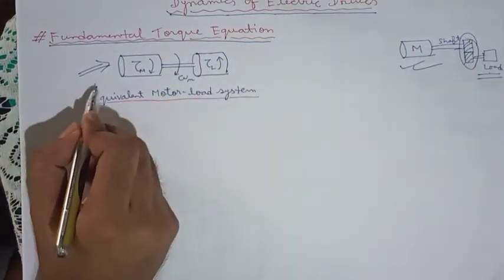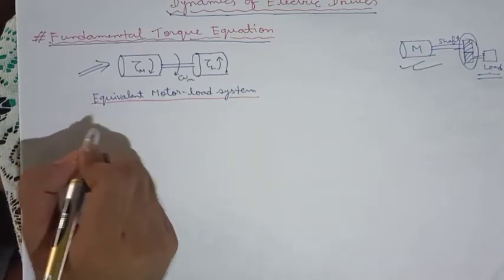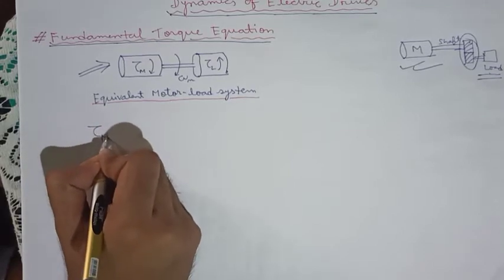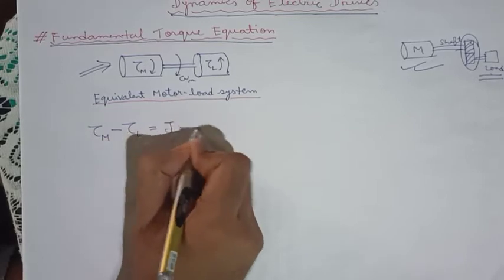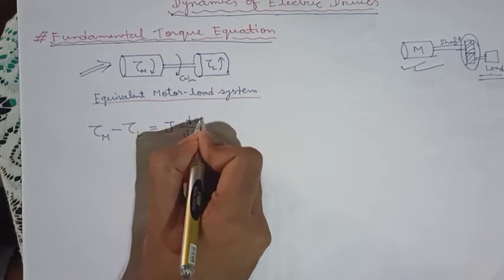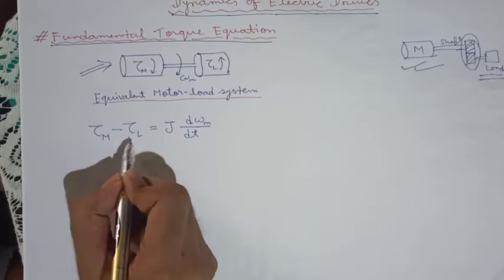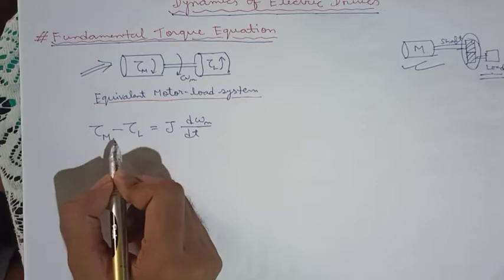This system can be described by the fundamental torque equation, which is net torque, that is tau m minus tau L is equal to J times d/dt of omega m. Here tau m is the motor torque and tau L is the load torque which opposes this motor torque.